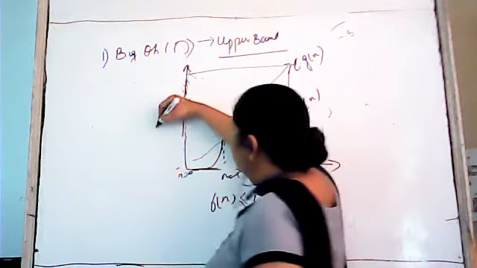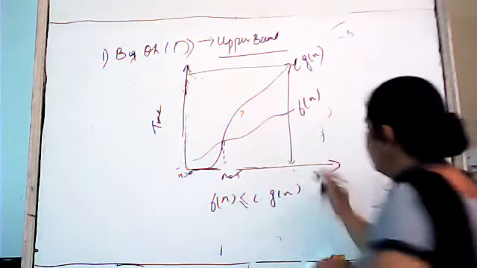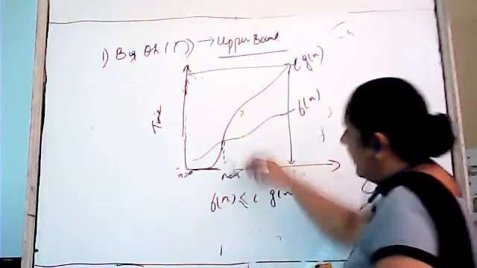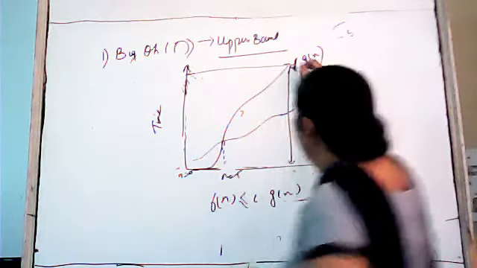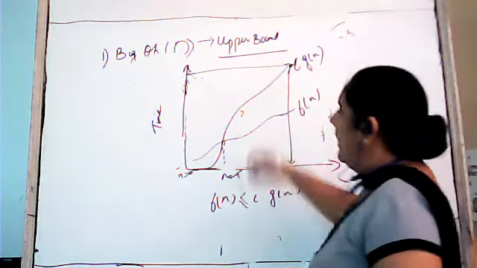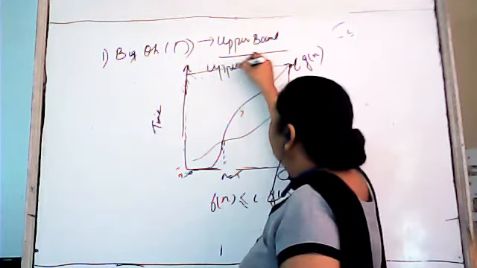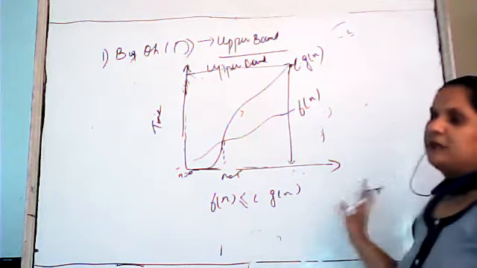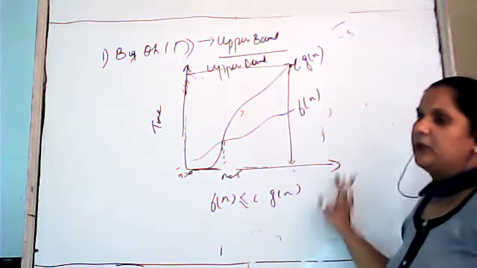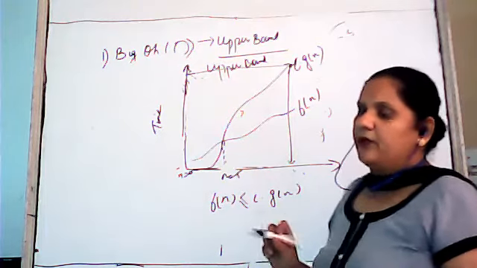And here is the time. As n is increasing, the time also increases. So what would be the maximum time you can get from this peak? This is called the upper bound, or in the worst case, what could be the maximum time taken by the problem to get executed? This is determined with the help of the upper bound.